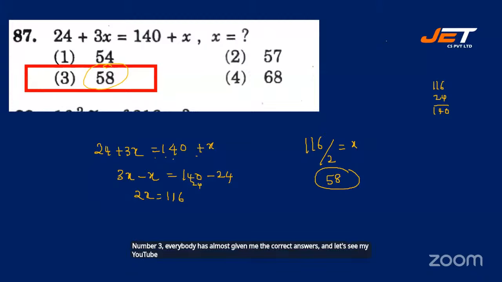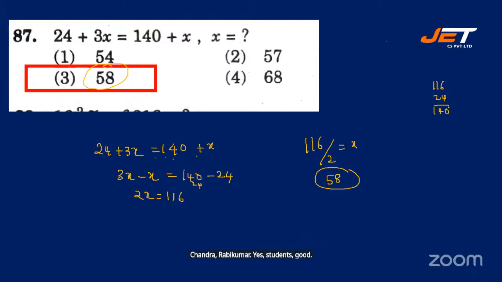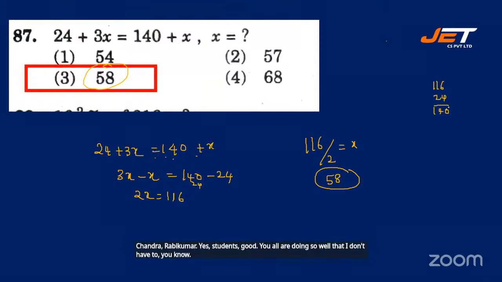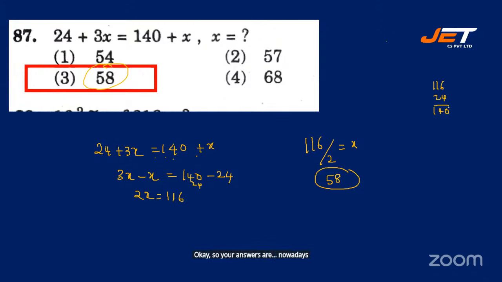I have Somesh, I have Krishna, Shravanti, Mushfira Taslim, Chandra Reddy, Ravi Kumar. Yes, students, good. You all are doing so well that I don't have to mention every time that your answers are right. Nowadays, your answers are always right.